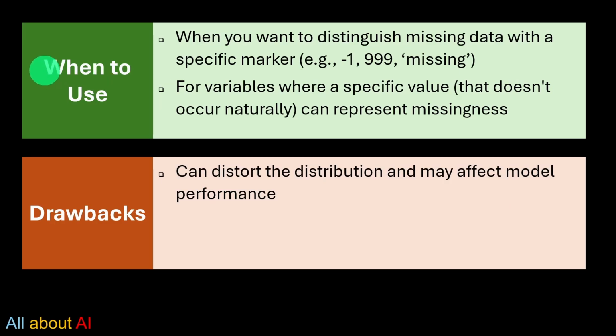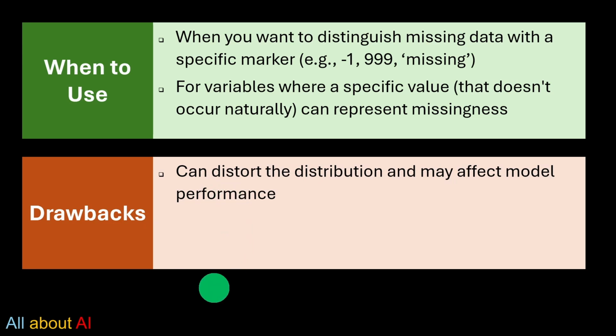So when to use this? When you want to distinguish missing values with a specific marker, say -1, 999 or missing, you can use it. For variables where a specific value can represent missingness. If missingness is not occurring naturally, we can use this. Drawback wise, this can distort the distribution and may affect model performance.